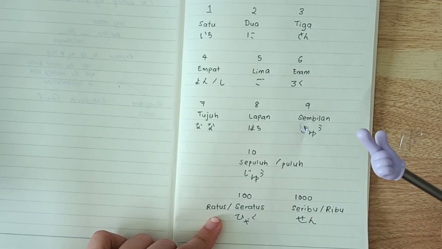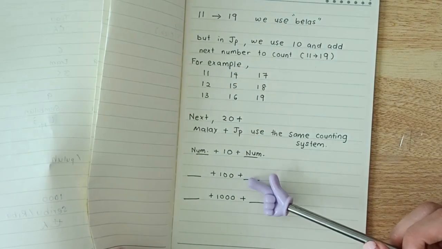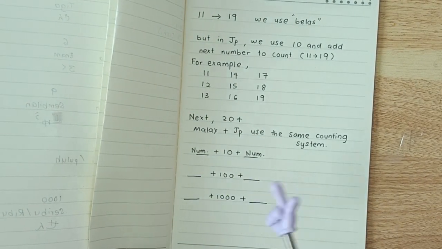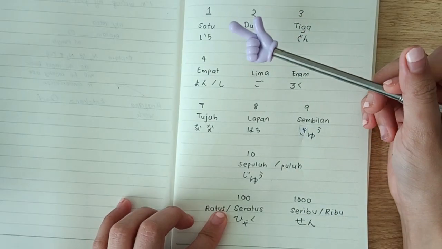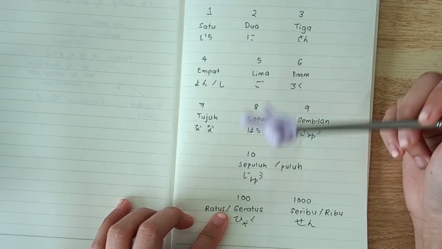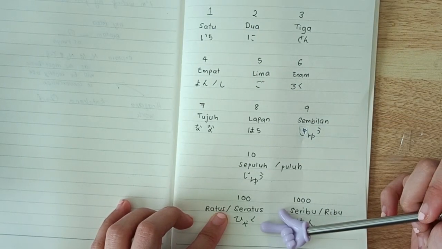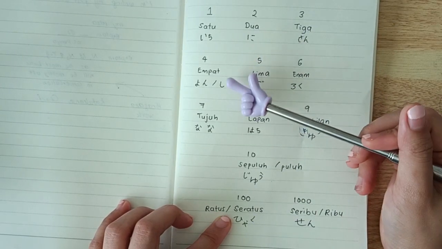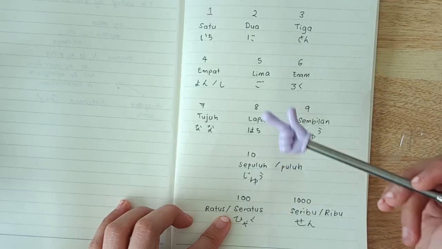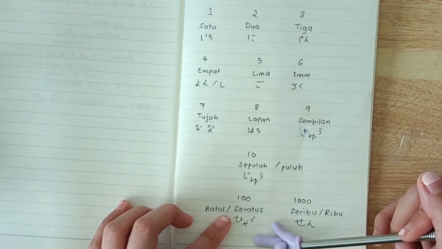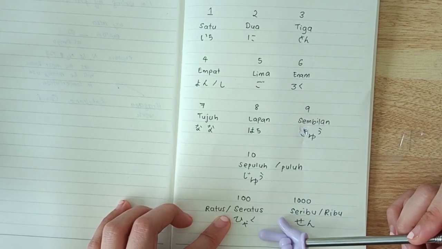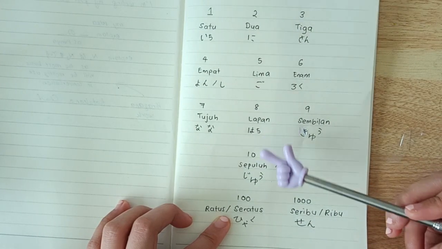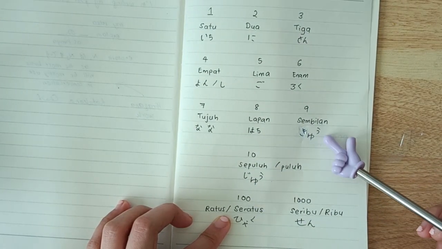Next, for Japanese, we also use the same counting system. For example, 100, 200, 300, 400, 500, 600, 700, 800, 900.